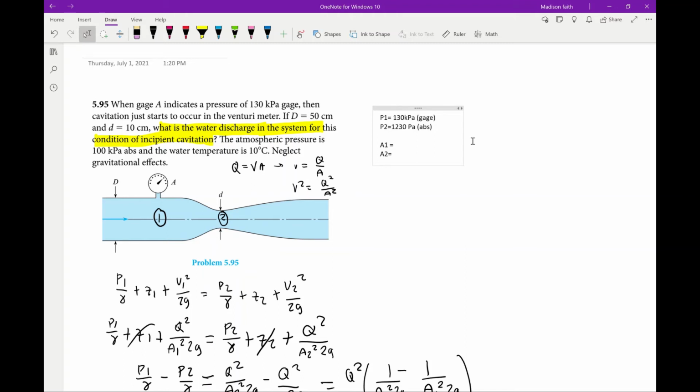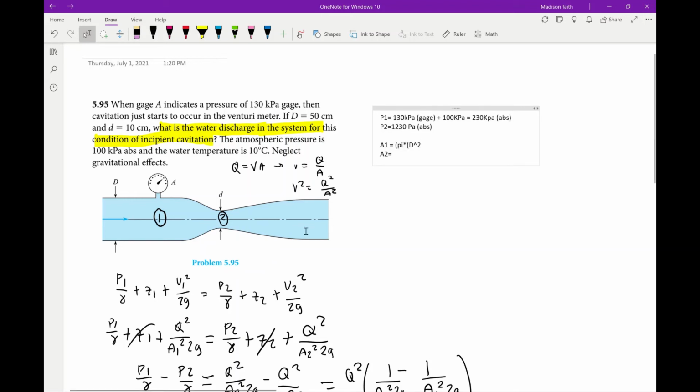And the atmospheric pressure is given to us in the problem statement right here, 100 kPa absolute. Okay, so P1 absolute is actually 130 kPa plus 100 kPa, which equals 230 kPa absolute. Now we have both of our pressures in absolute.